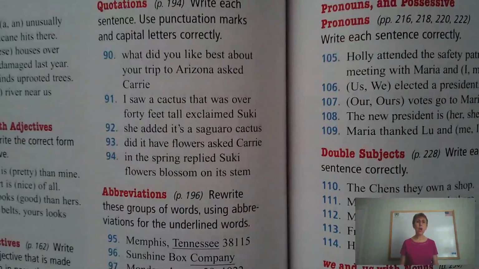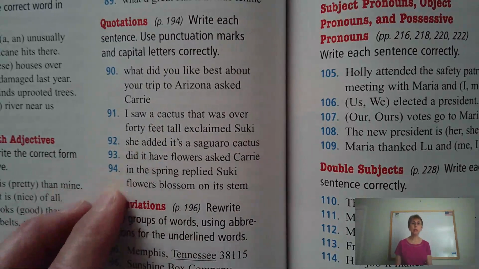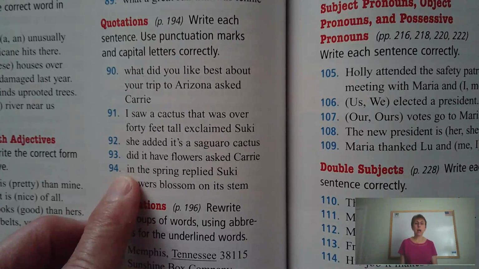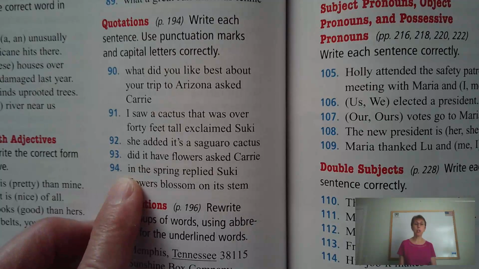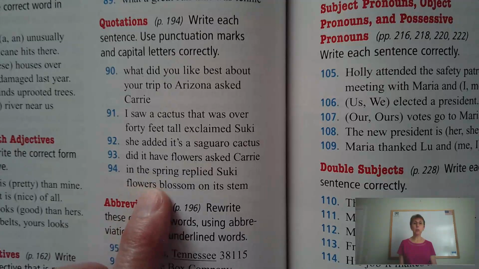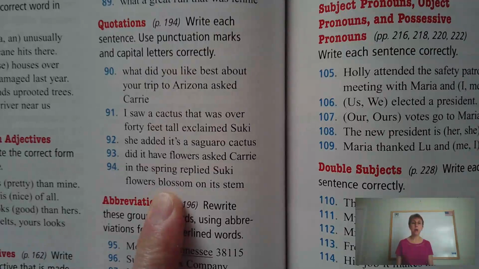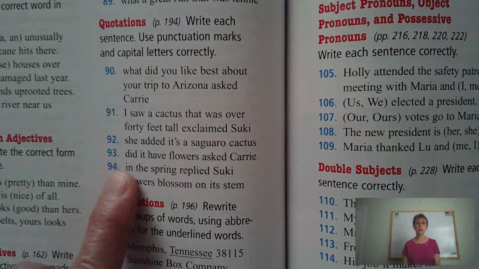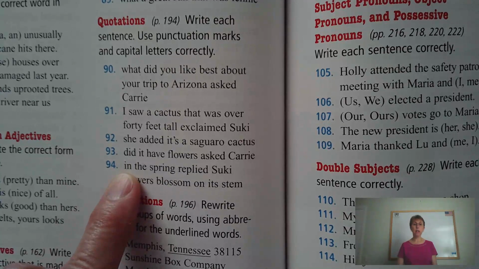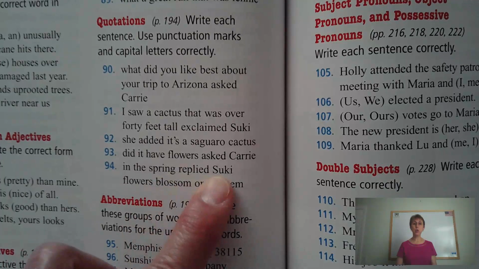Next section, quotations. Write each sentence, use punctuation marks and capital letters correctly. Here we're looking at, again, punctuation and capital letters. So, the last sentence here. "In the spring, replied Suki, flowers blossom on its stem." Of course, we first need to capitalize the first letter, the I in "in," and then we see "replied Suki."